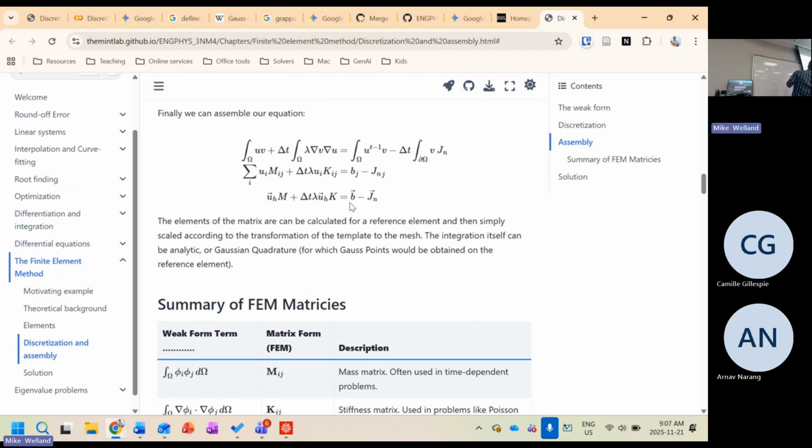We got delta T, lambda, K is equal to some vector, right? B minus Jn, because you've baked in your Neumann conditions in there, that comes in there too. This turns into AX is equal to B, and we're back to a linear system again. Good? Okay.